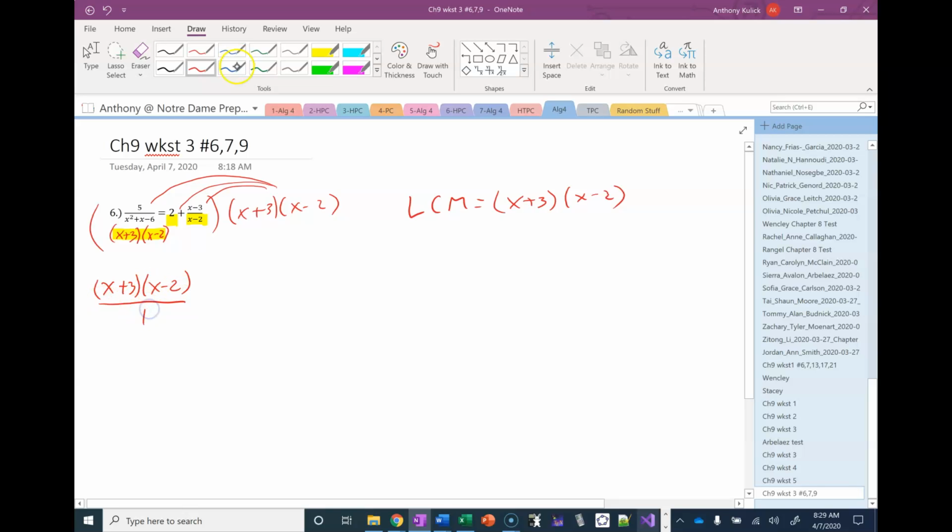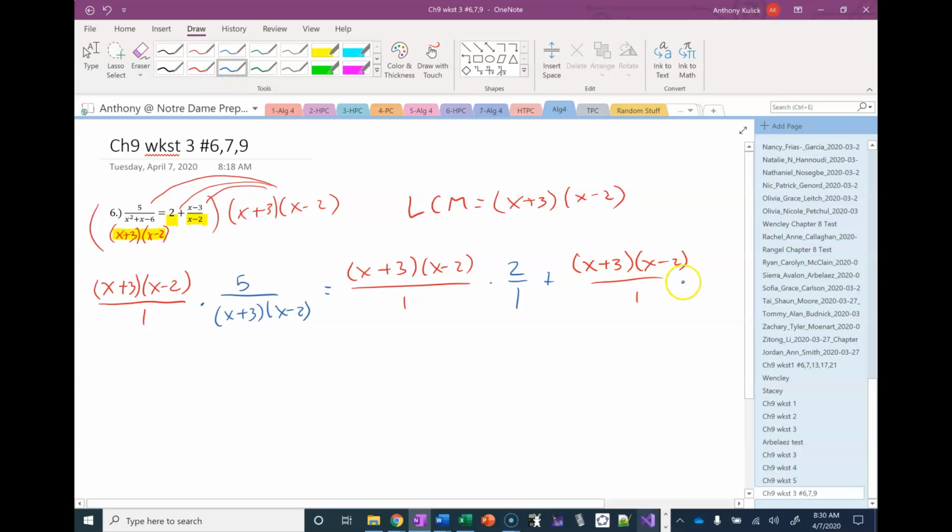So I'm going to have x plus 3 times x minus 2 times 5 over x plus 3 times x minus 2, equals x plus 3 times x minus 2 over 1 times 2 over 1, plus x plus 3 times x minus 2 over 1 times x minus 3 over x minus 2.